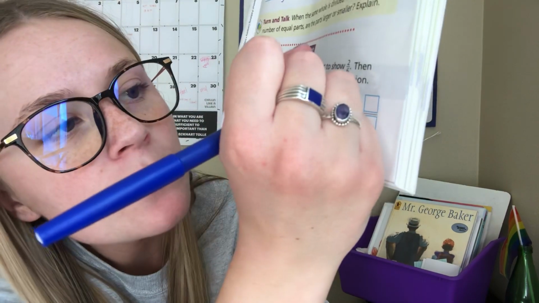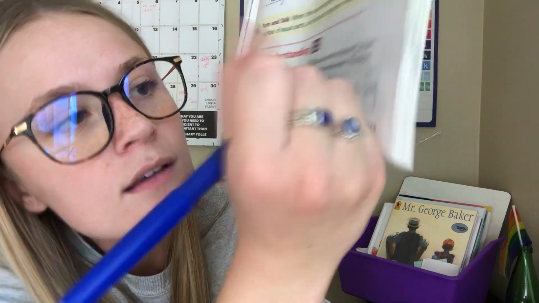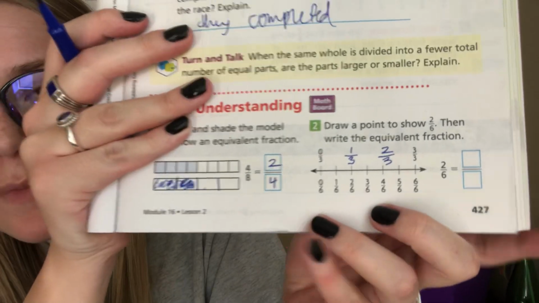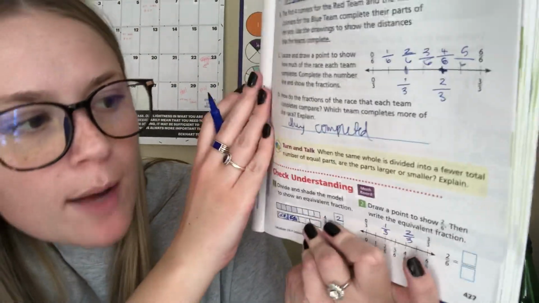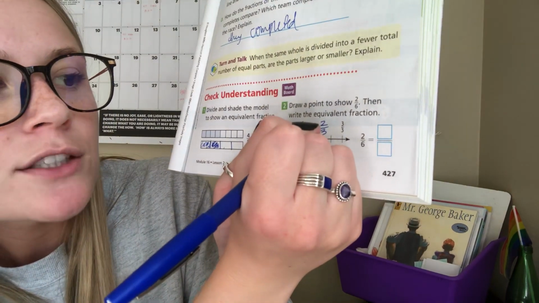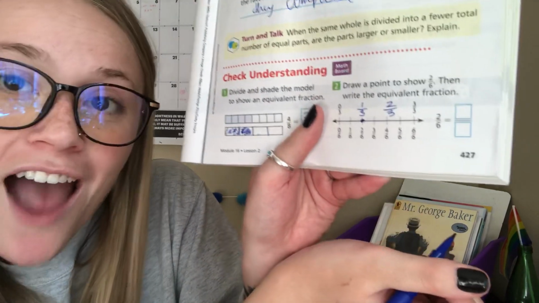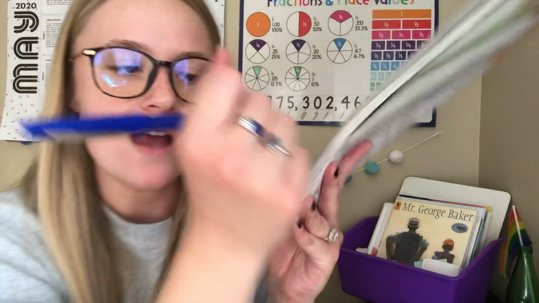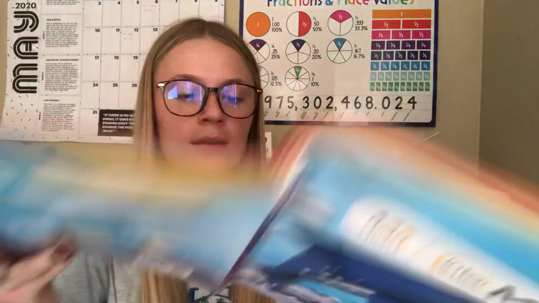And then 1, 2, 2/3. Like that. And then it says, draw a point to show 2/6, then write the equivalent fraction. So here I am at 2/6, and what fraction is there? 1/3. Okay, next page.